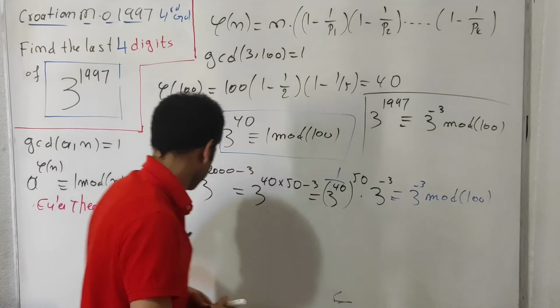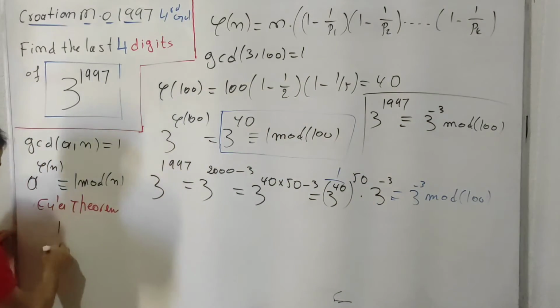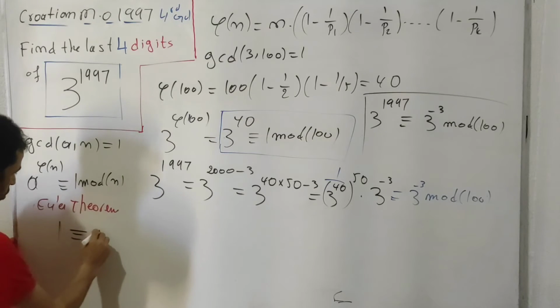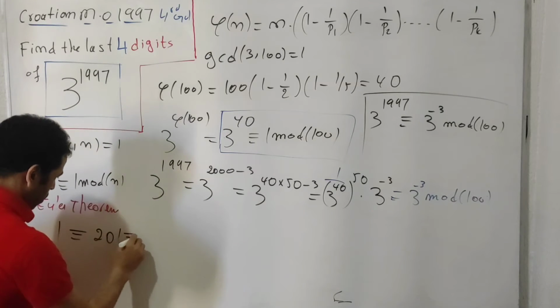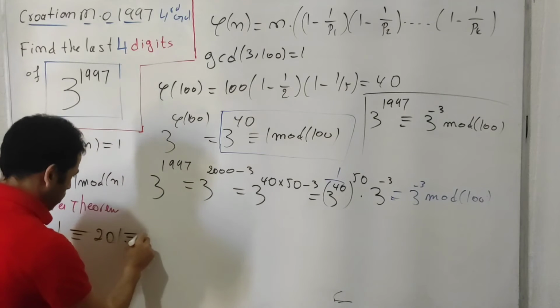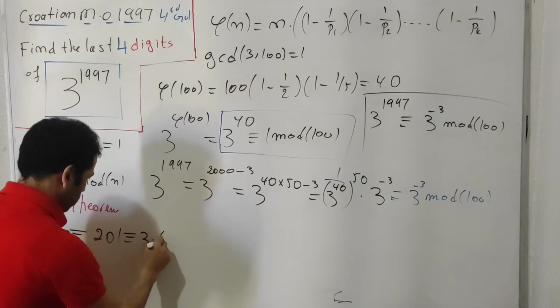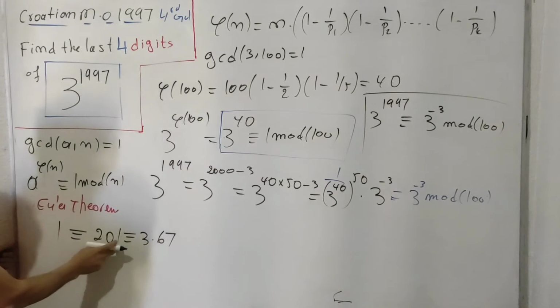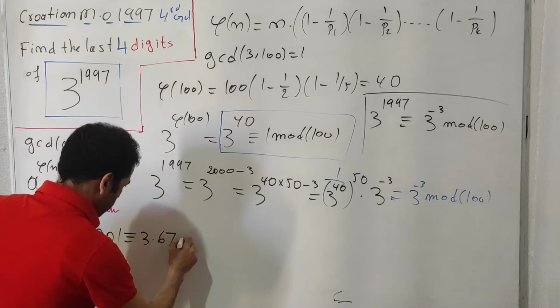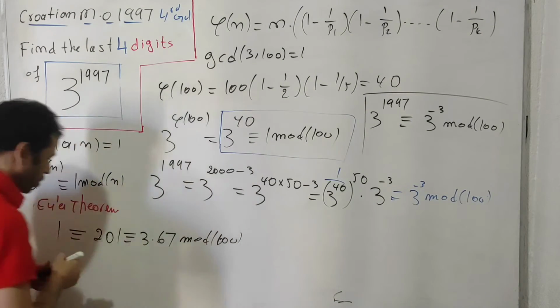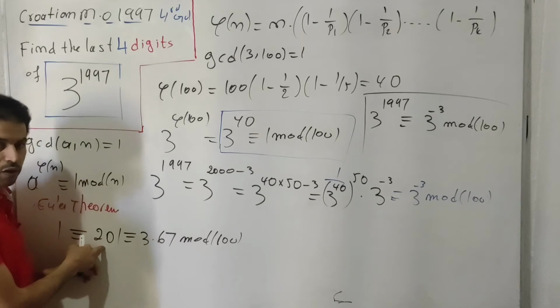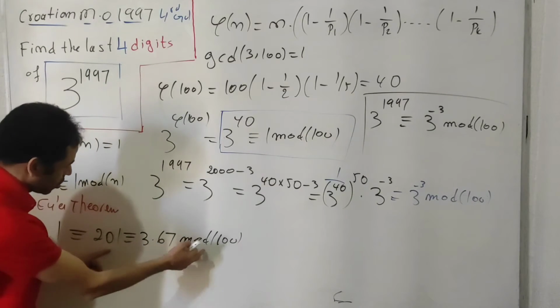We have 1 congruent to 3 multiplied by 67. This value equals that value mod 100, because if you take the number 1 to the right, I will have 200, which means 100 divides 200.